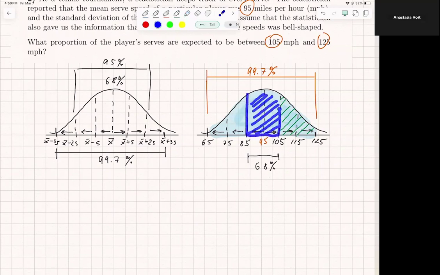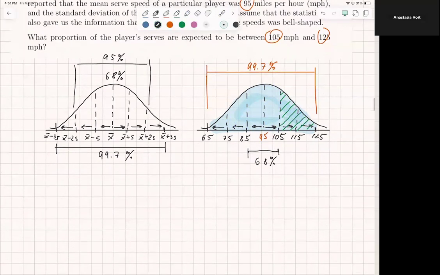We can just extract it because we know that this is 68%, right? So we will be left with only this portion and this portion on the left side. So we would have 99.7% minus 68%, right? So in this case, we are just extracting this middle portion and we will just end up having, let me make it a bit smaller, only this tail and this tail, or sides.